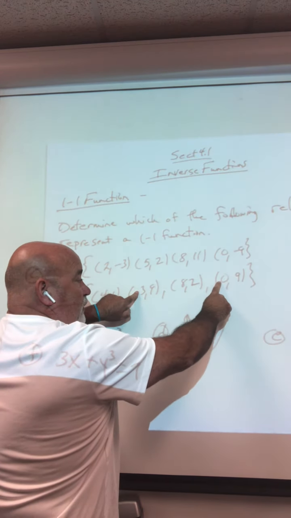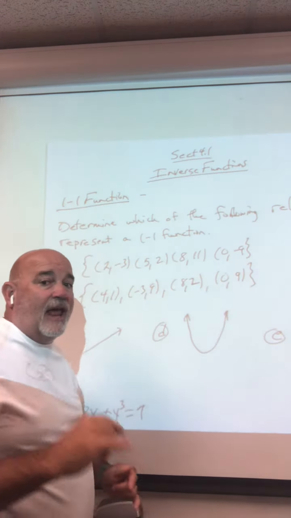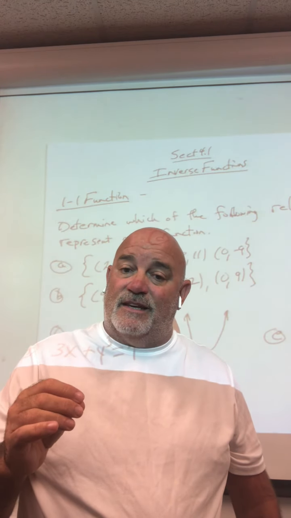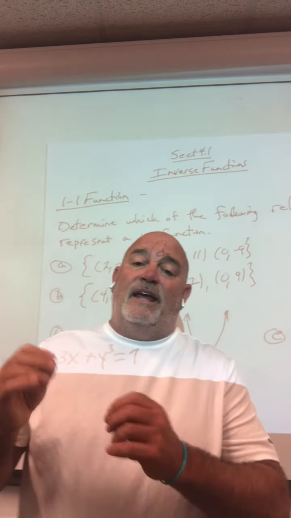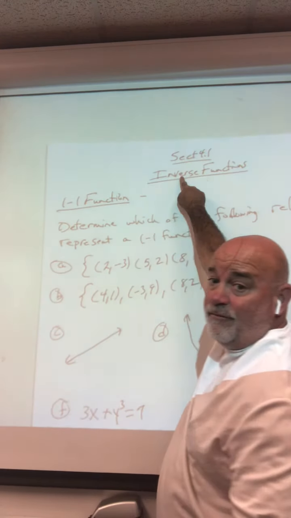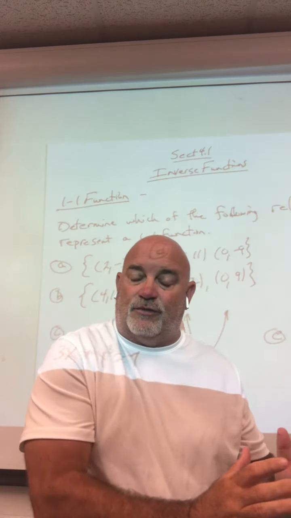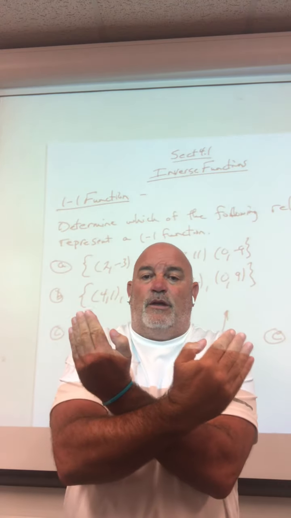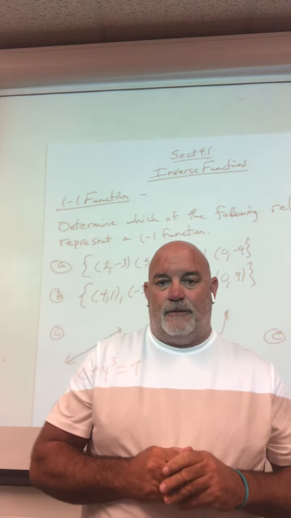This 9 goes first. So you had repeating y's, but when you invert them, now you have repeating what? X's. If you have repeating x's, it's not even a what? Not even a function. So if you have repeating x's, if it's not a function, how can you call it an inverse function? So that's why for a function to have an inverse function, it has to be one-to-one. In other words, the x's can't repeat, and the y's can't repeat. That way when you flip the ordered pairs, none of the x's repeat and none of the y's repeat.